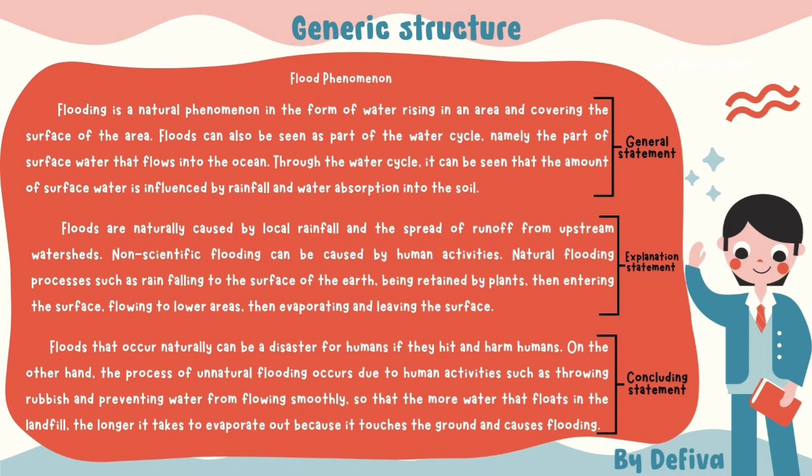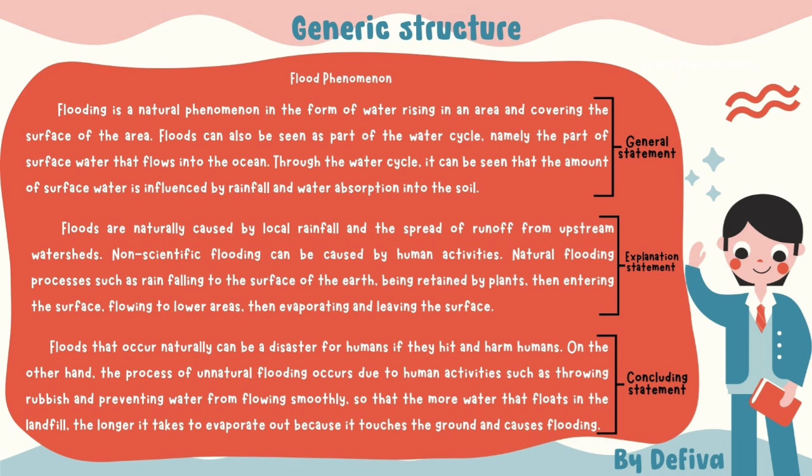On the other hand, the process of unnatural flooding occurs due to human activities such as throwing rubbish and preventing water from flowing smoothly, so that the more water that floats in the landfill, the longer it takes to evaporate it out because it touches the ground and causes flooding.